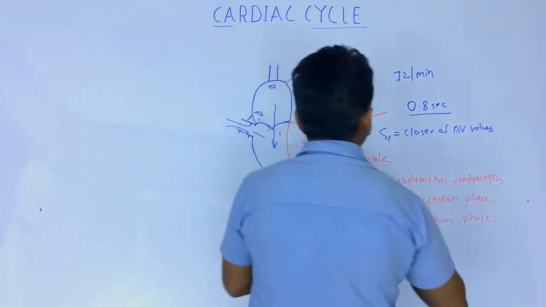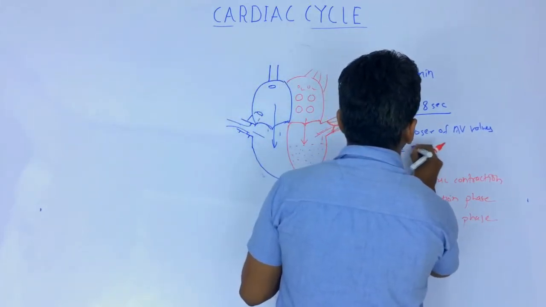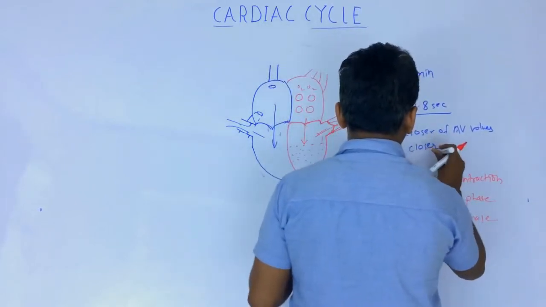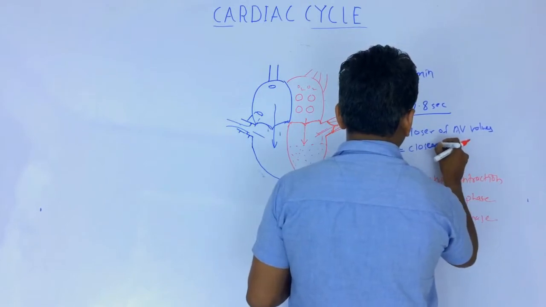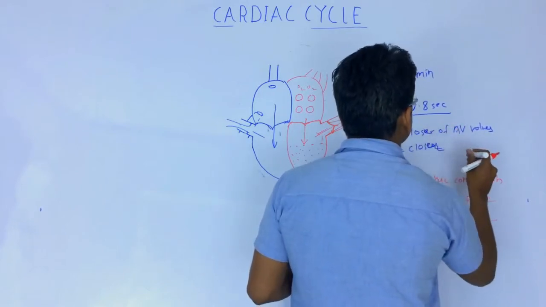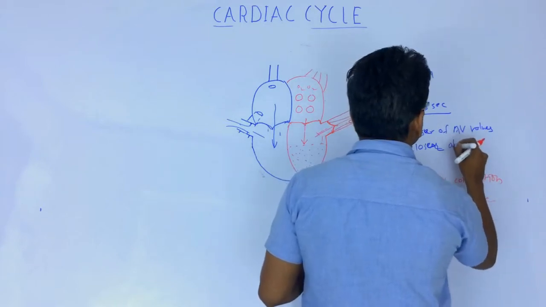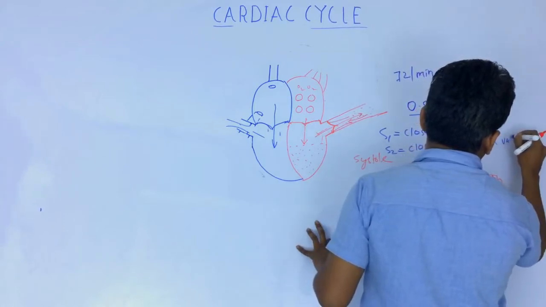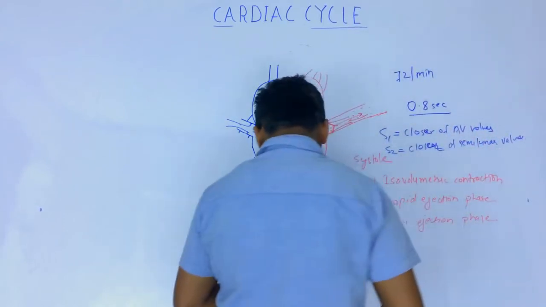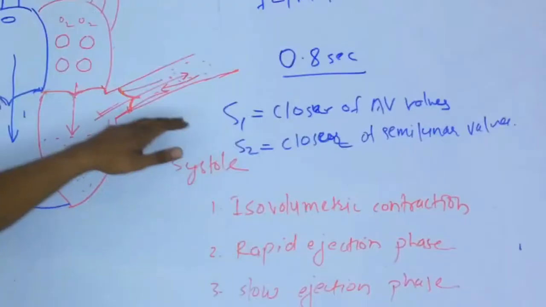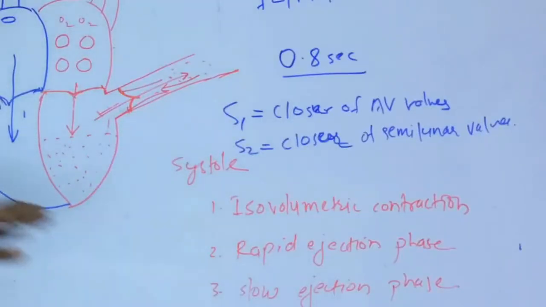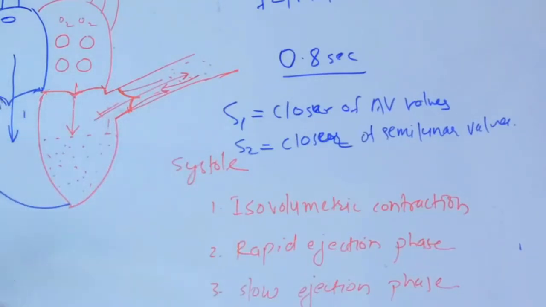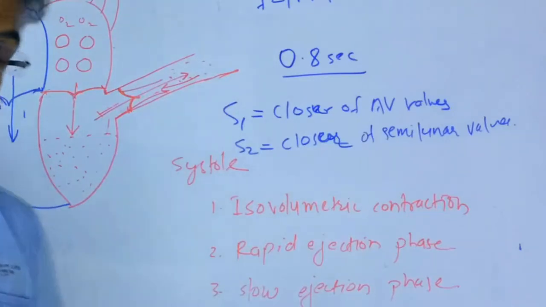So S2 is because of closure of the semilunar valves, both the aortic semilunar and the pulmonary semilunar, which close almost simultaneously.